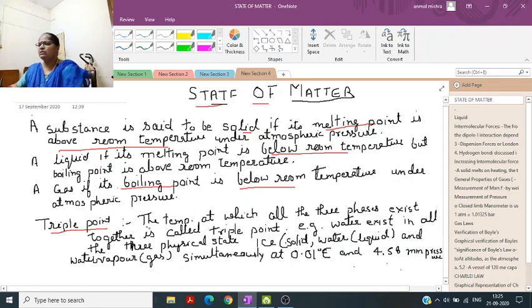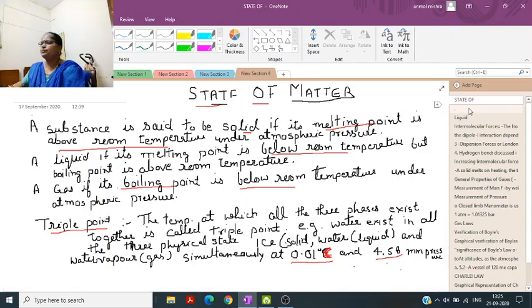For example, water exists in all the 3 physical states: ice, solid state, then water, liquid, and water vapor, gas, at 0.01 degrees centigrade and 4.58 mm pressure. 1 atmosphere is equal to 760 mm pressure, so 4.58 mm pressure is called triple point.